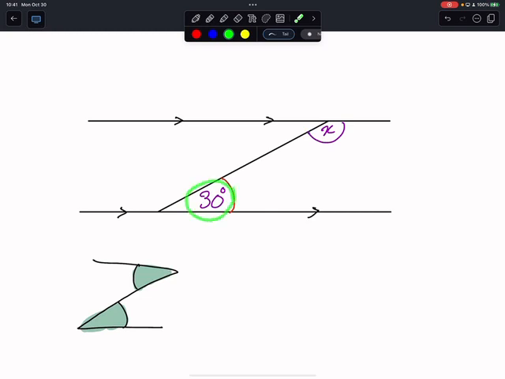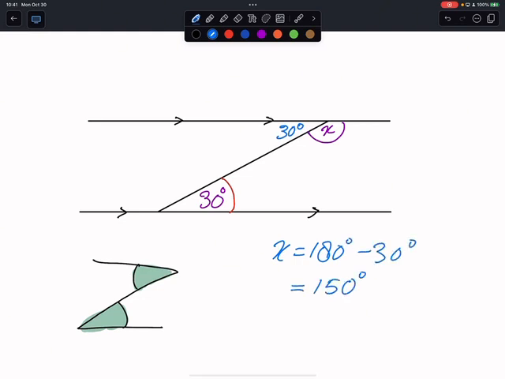So if this is 30, that means this angle is also 30, correct? This is a straight line, and you know a straight line equals 180 degrees. You already have 30. That means x is 180 degrees, subtract that 30, meaning x is 150 degrees.